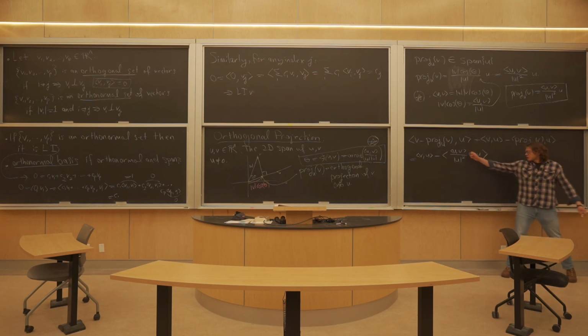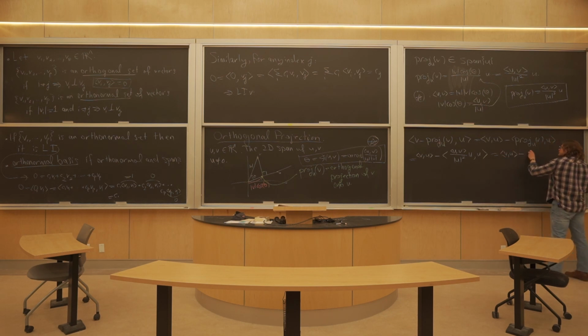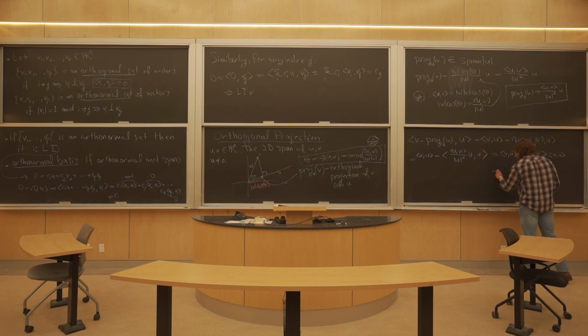Okay? So this is a constant. I can take it out. This is nothing but this. V against u minus u against v divided by u norm squared times u against u. But of course, u norm squared is exactly the same thing as this. And u against v is the same thing as v against u. So this gives you 0.